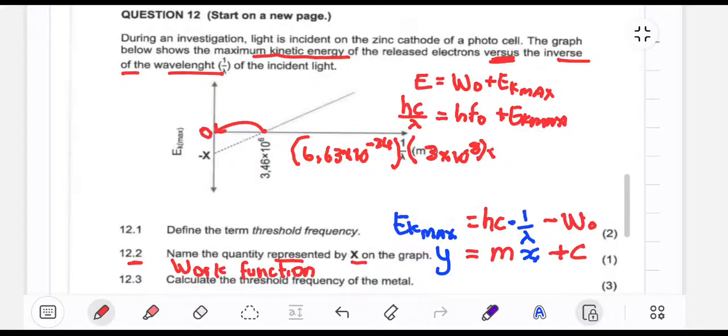I'll put it in a bracket: 3.46 times 10 to the power of 6. Can you assist me in punching that into your calculators?